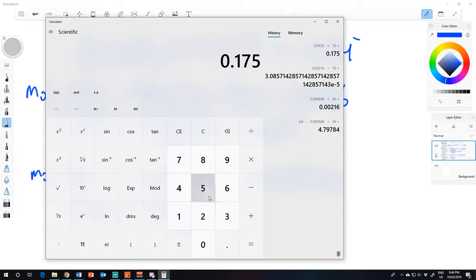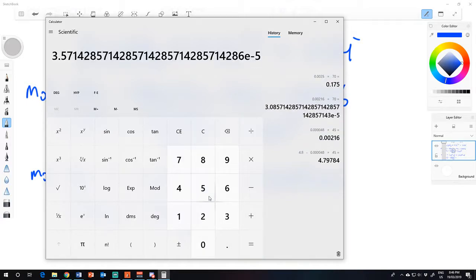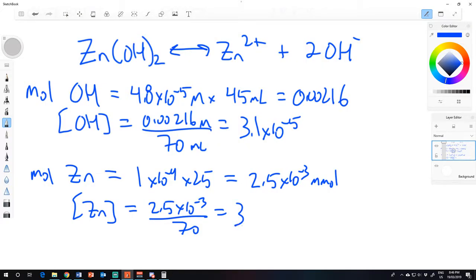Oh, I did that wrong. 5 divided by 70, 6, we'll say. Okay, and then multiply those two together and check against the KSP. That one should be no, I think.